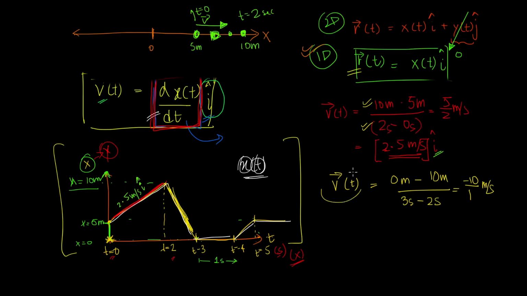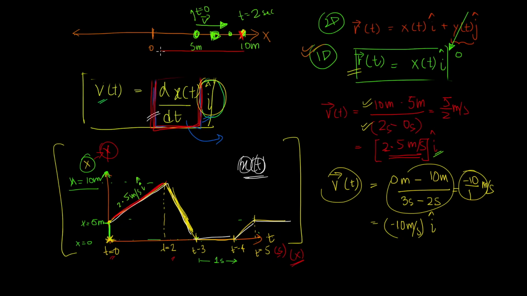But this is a vector here, but these terms are just scalars. To account for that, we must multiply it by the i cap vector. So that gives us negative 10 meters per second in the i cap direction. So what does that really mean? That means that the body finally moved from here back to the origin with a negative velocity, which it should have done, because the origin lies on the left-hand side of this position.